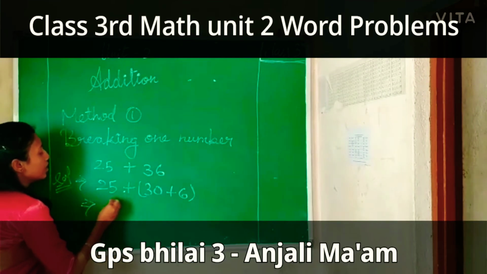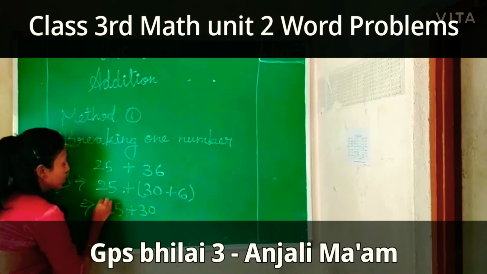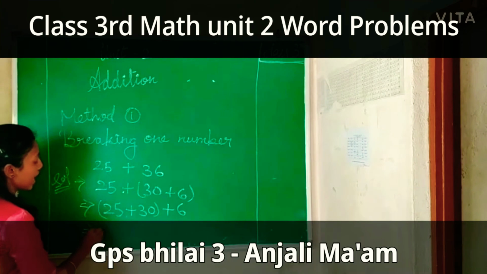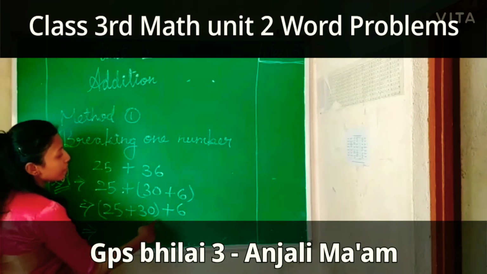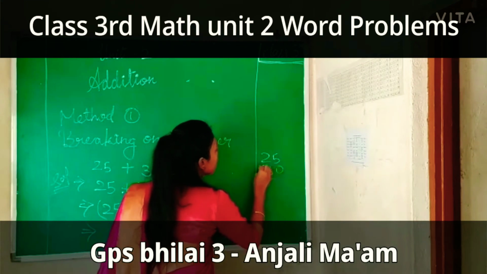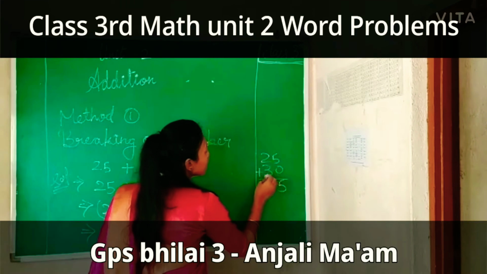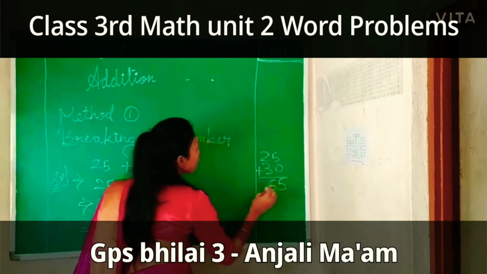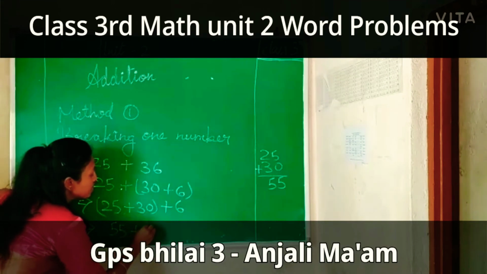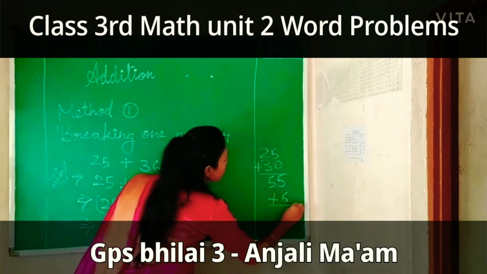So here it will become 25 plus 30 plus 6. You will add this as 25 plus 30. Here in the rough work, 25 plus 30: 5, and 2 plus 3 is 5. So it will become 55 plus 6.